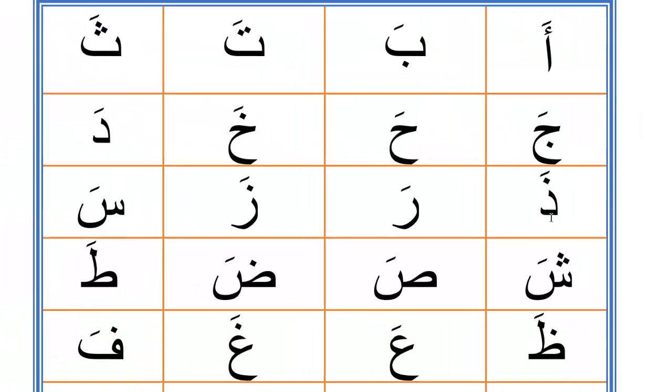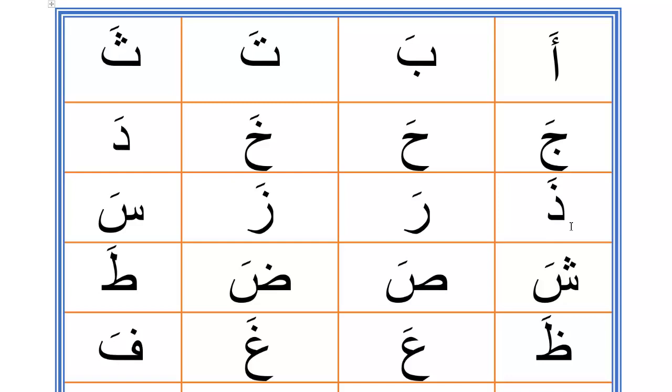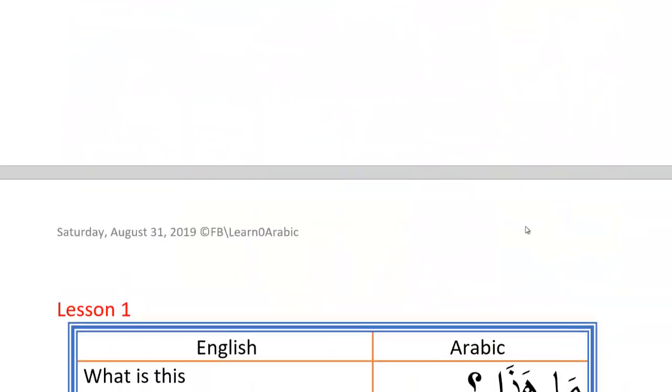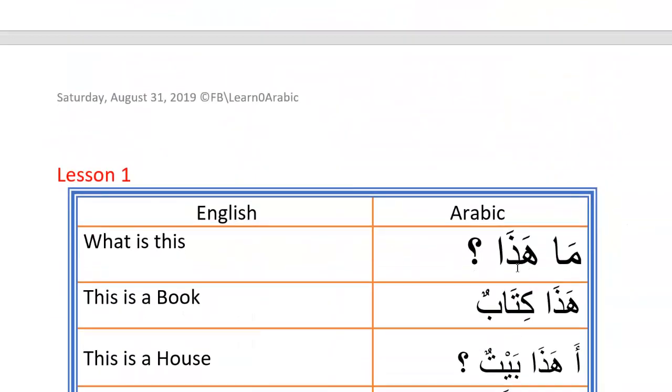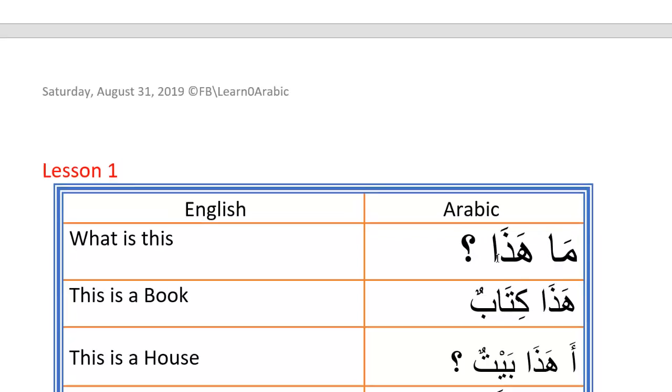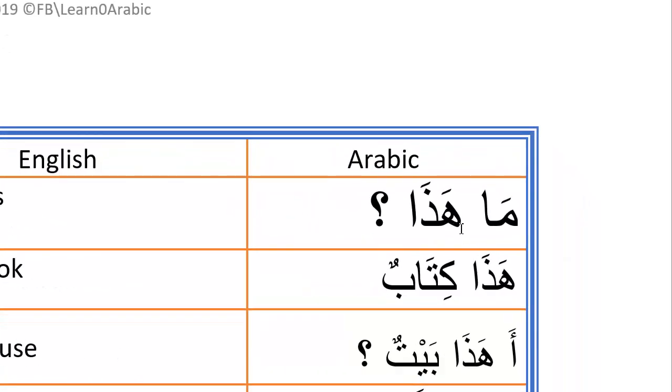Here are the fatha the. So we have ha, the, alif. How to read now? Okay, let's go. Ha, the.